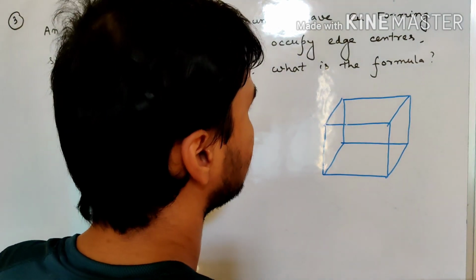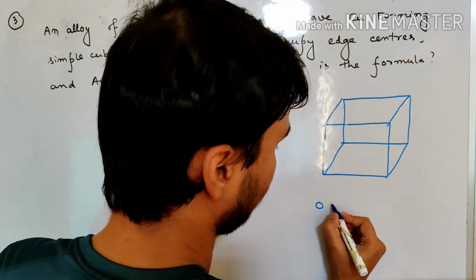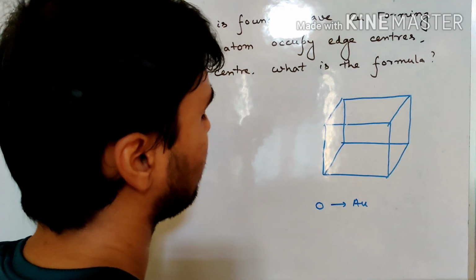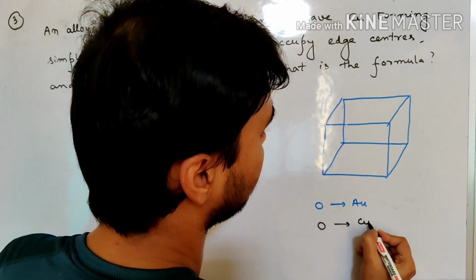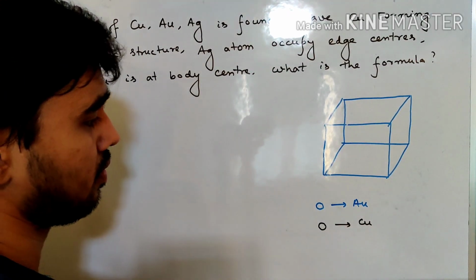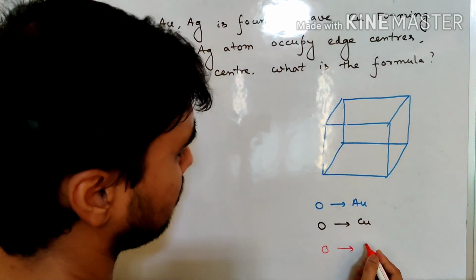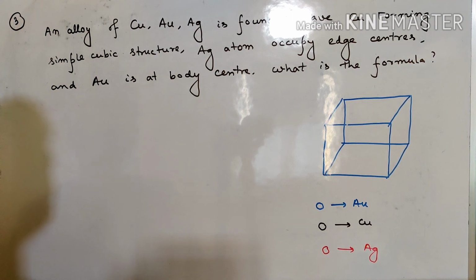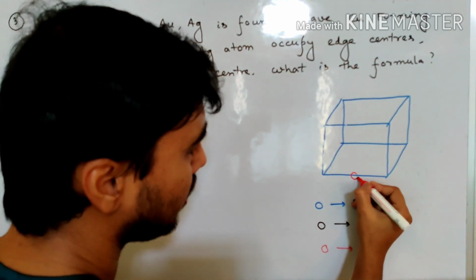and say that this one is gold, this one is say copper, and this one is, what is remaining, that is silver. Now let us put them into this unit cell. First of all, let us start with silver only. Silver atoms occupy edge centers. So this is the center of the edge.